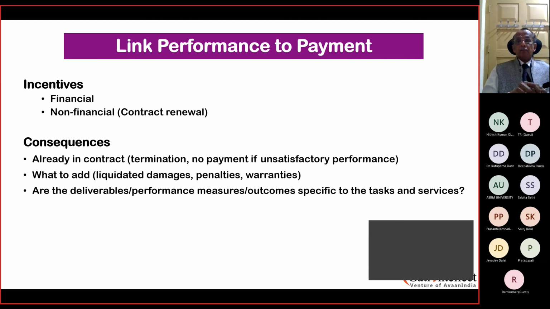So it is essential that the salespeople have to perform according to their targets. What else to add? Liquidated damages, penalties and warranties. Now this is something which can be applicable to the contractors. Like what I said earlier, liquidated damages cannot be enforced on any vendor so far.